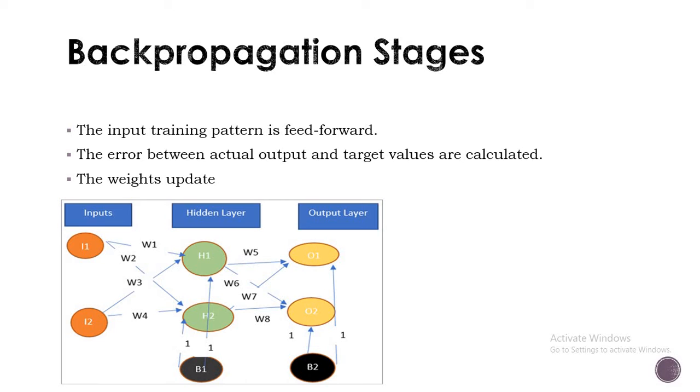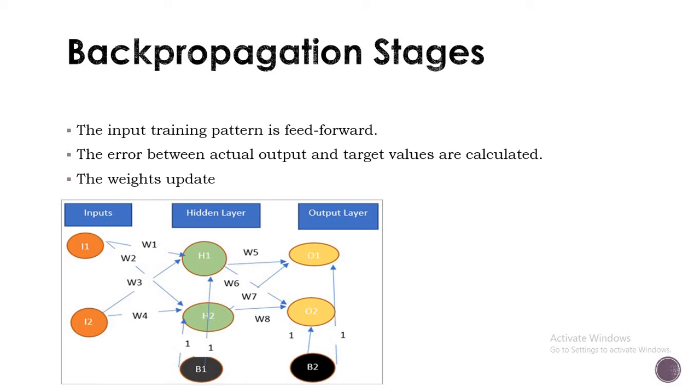As we saw earlier, the input layer can be represented as L1 and L2. The input layer with the weights comes to the hidden layer, that is H1, H2, and there is an additional bias B1, then the output layer O1 and O2, with an additional bias B2.